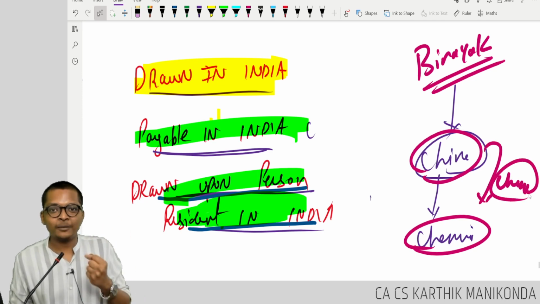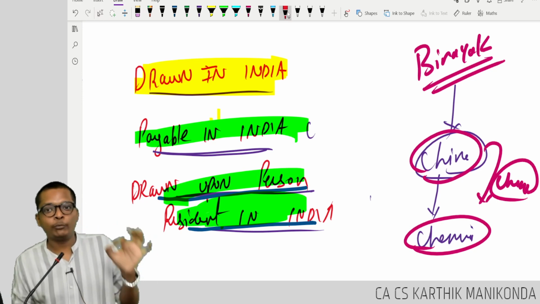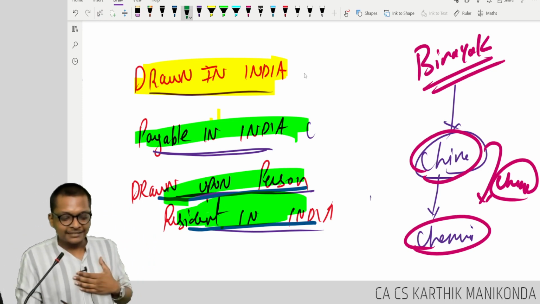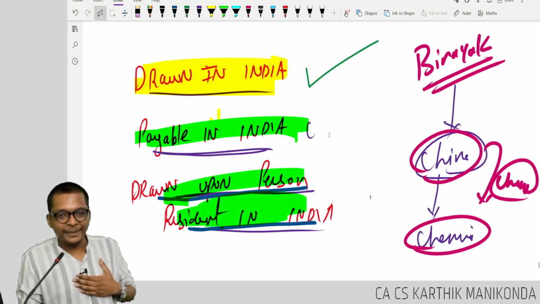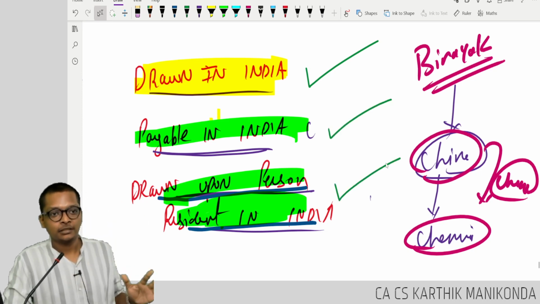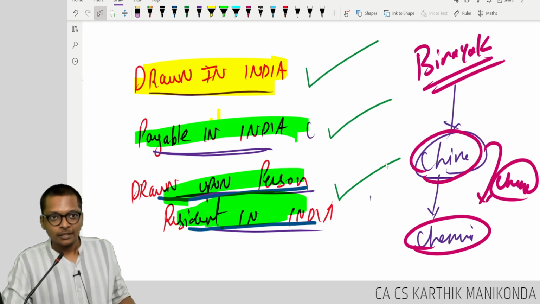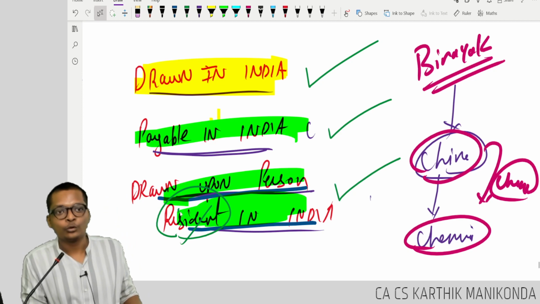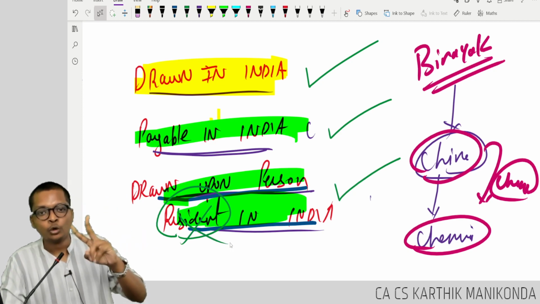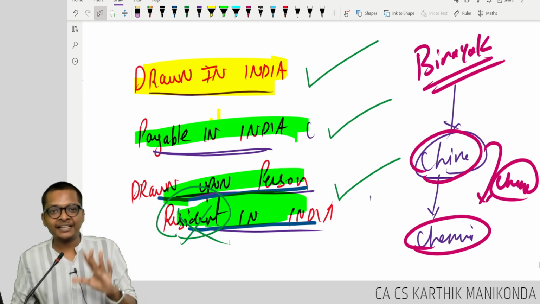So he got the check from his Chinese friend, went to the bank in Chennai, Mylapore and deposited. Is this an inland or foreign instrument? Is this drawn in India? Yes. Payable in India? Yes. Drawn upon a person resident in India? Now, Binayak got married and shifted to China. Is he a resident in India? No. Are you following? In these 3 conditions, check for any 2. That's all. Any 2 satisfied, then inland, otherwise foreign.